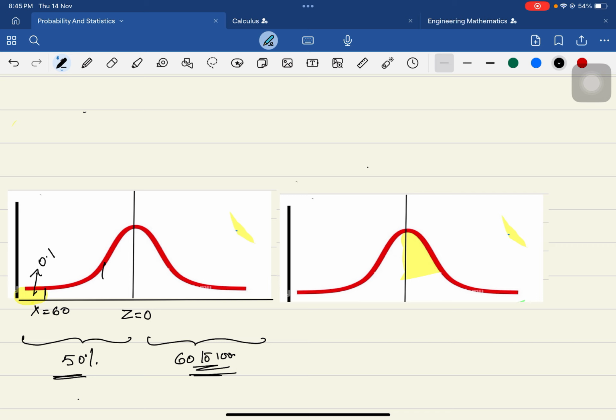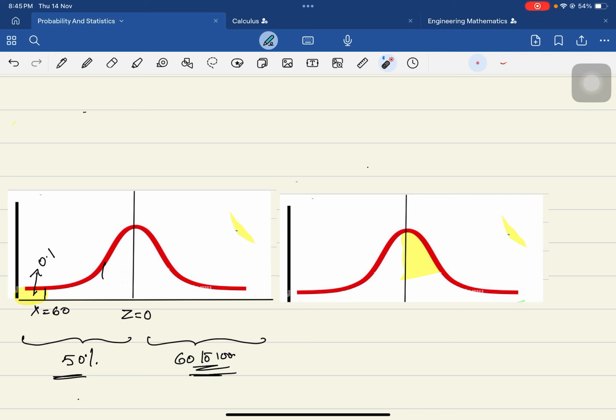Now, what is the area covered? When 0.1 is there, in our Z table, the value it gives us is the area covered just adjacent to the mean line, that means adjacent to Z equal to 0 on the right hand side or on the left hand side.